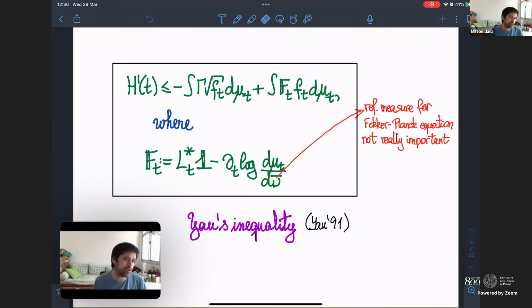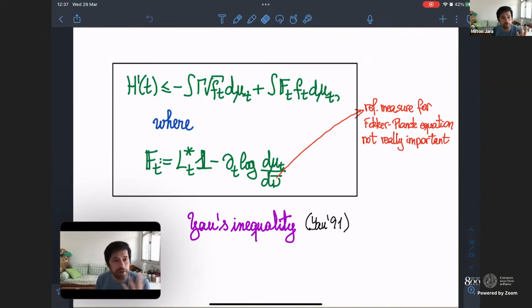But we don't know what the invariant measure is, so we make a guess, and then there has to be an entropy production term because the entropy cannot be exactly decreasing. The entropy production term can be computed explicitly in terms of the generator of the process and the reference measure we're using.